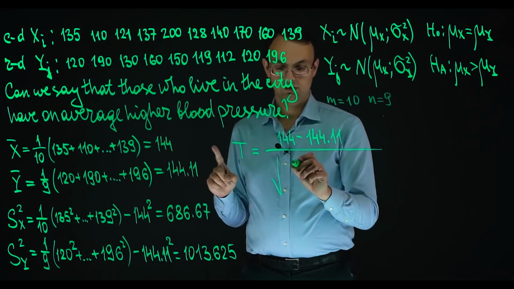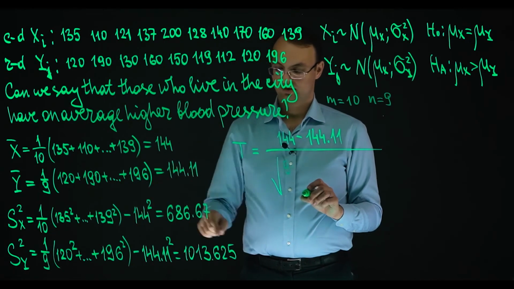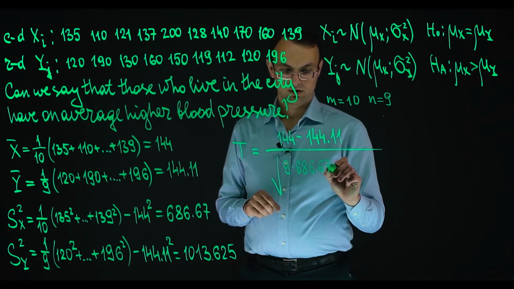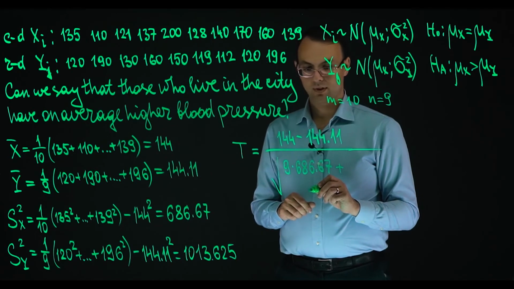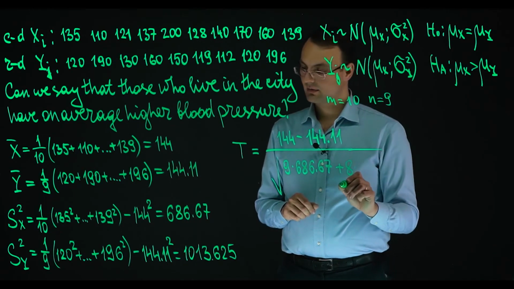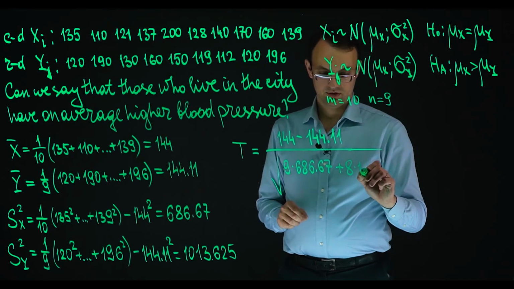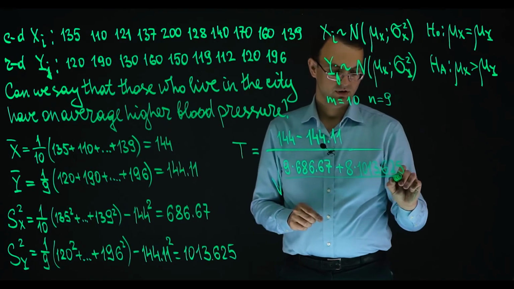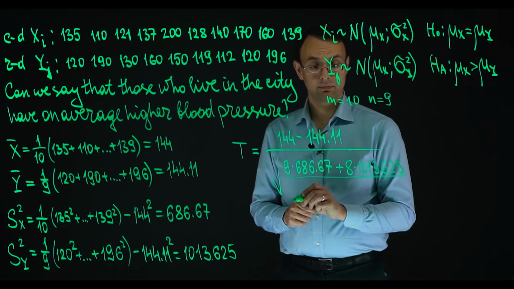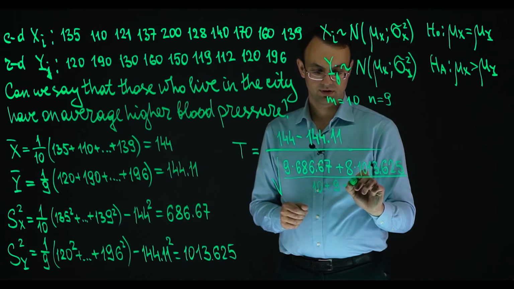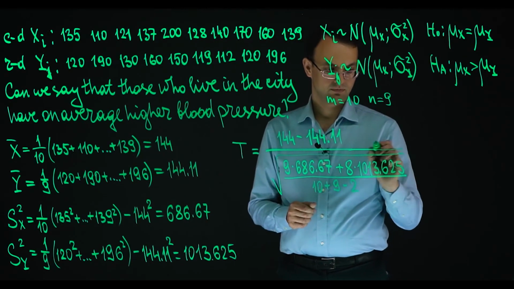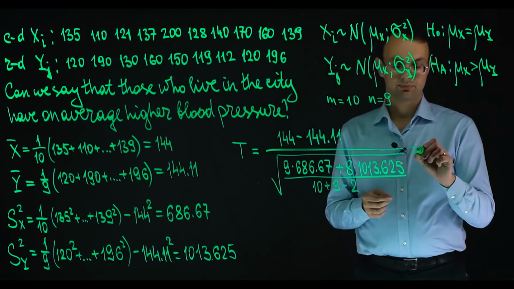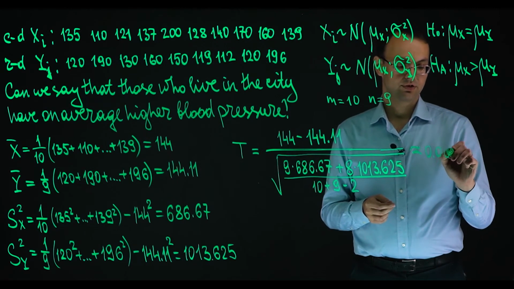So m minus 1, that is 9, times sx squared, 686.67, plus n minus 1, n is 9, so n minus 1 is 8, times sy squared, 1013.625, over m plus n minus 2. So 10 plus 9 minus 2. And calculations will give us that this is approximately equal to 0.004, almost 0.